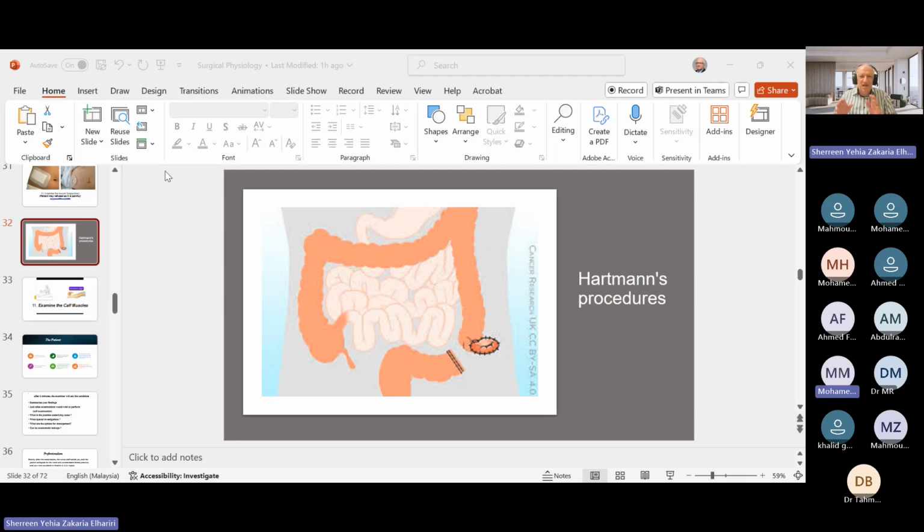But some of the students are still housemen, so they don't know what Hartmann is. Maybe the only thing to think about is the retracted stoma inside the abdomen, that's it. But anastomotic leak is not logical.